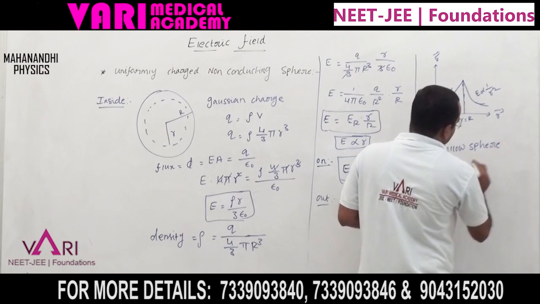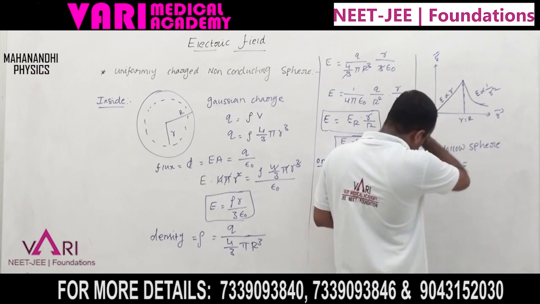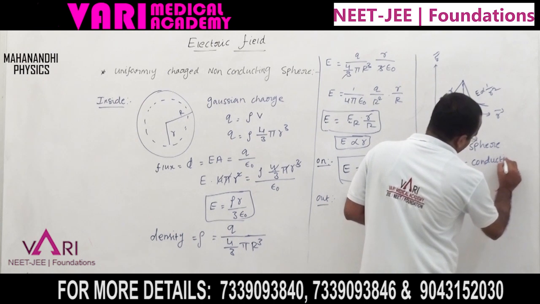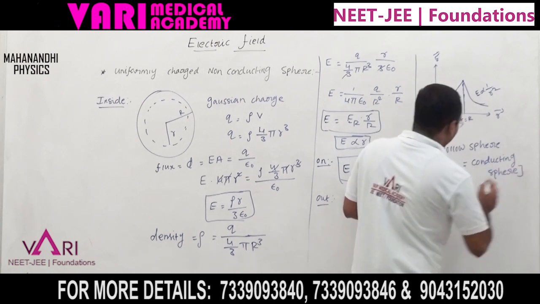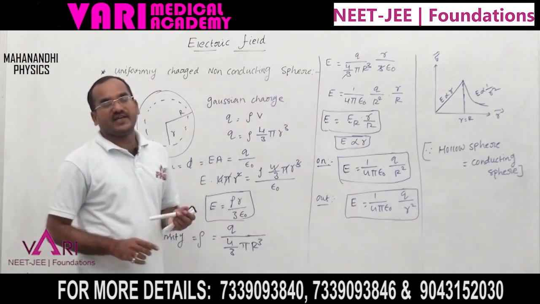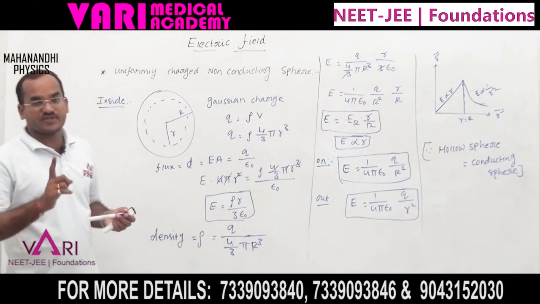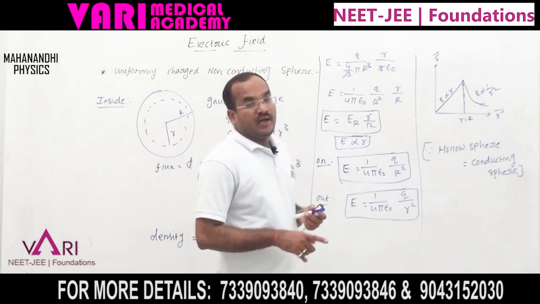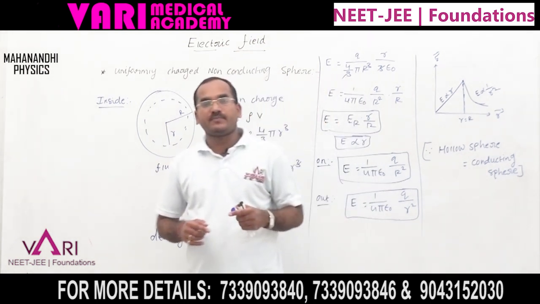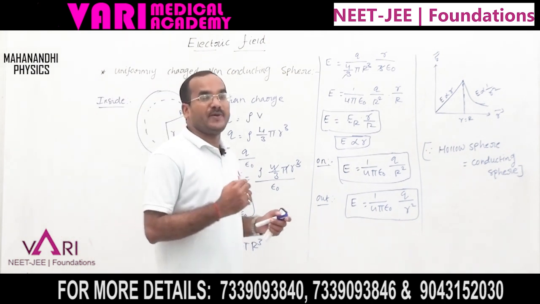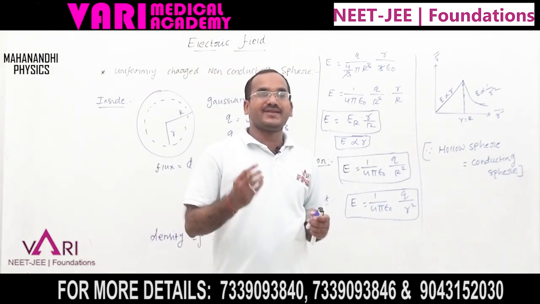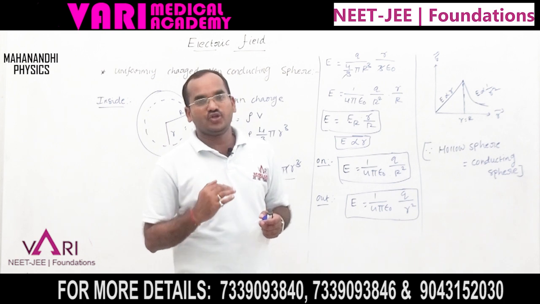Why? Because the electric field inside the hollow sphere is also 0, and on the hollow sphere E equals 1 by 4 pi epsilon naught q by R square. Outside, it is 1 by 4 pi epsilon naught q by small r square, where small r is the Gaussian surface of the hollow sphere.